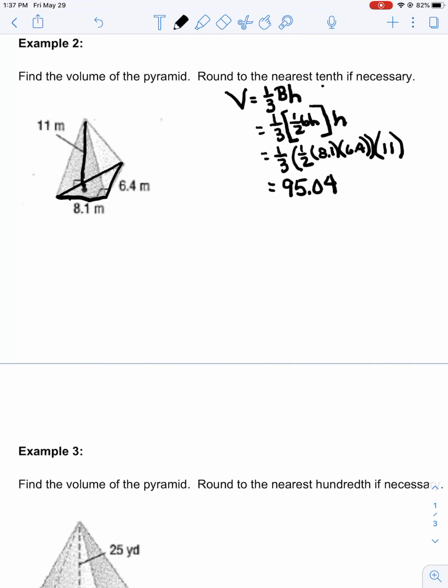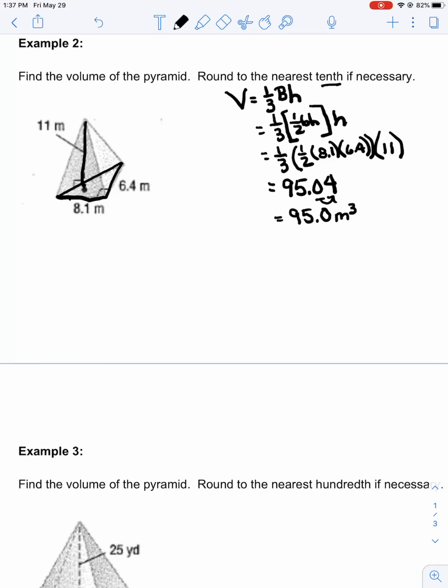And then again, we're rounding to the nearest tenth, which is our 0. So going over to the 4, it's under 5. So that 0 stays a 0. So it's 95.0 meters cubed. So that is our triangular pyramid.